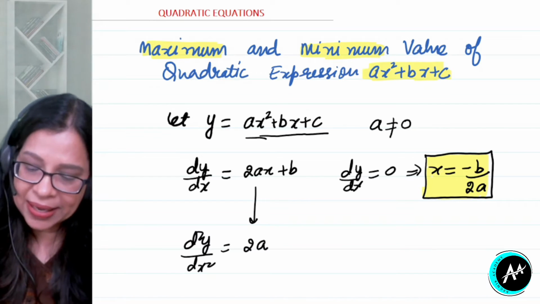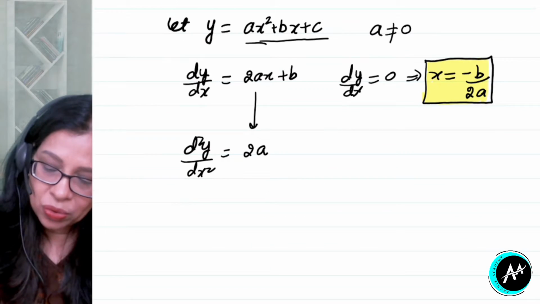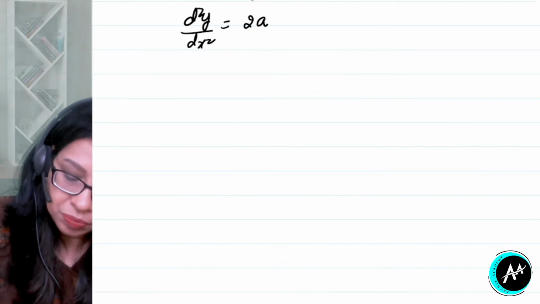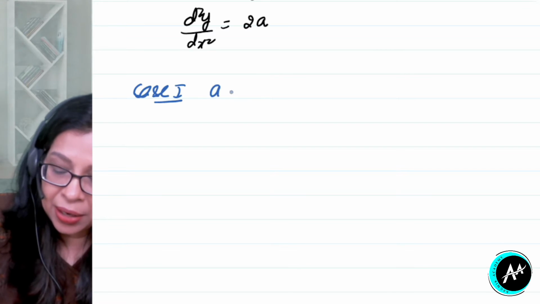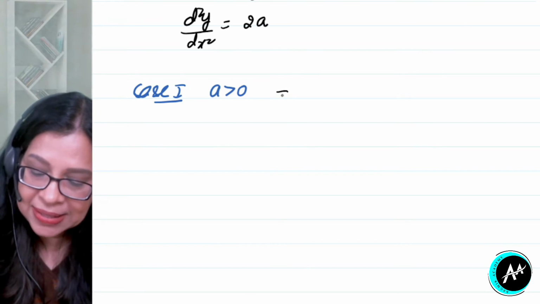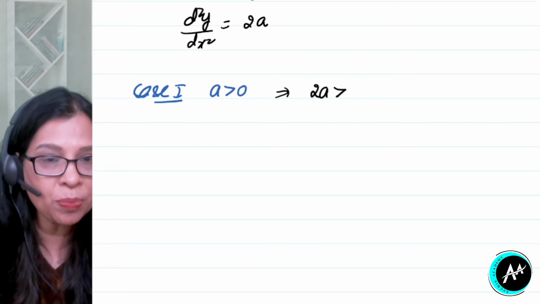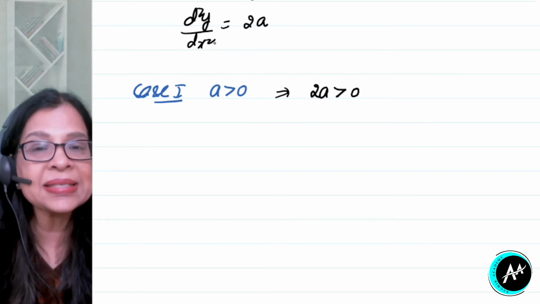So let me take case 1 over here. Is it alright? So let me write case 1. Case 1 would be that I am taking a to be positive. Now look here, if a is positive, this implies 2a will also be positive. And what is 2a, as you can see above? Look here, it is the second derivative.